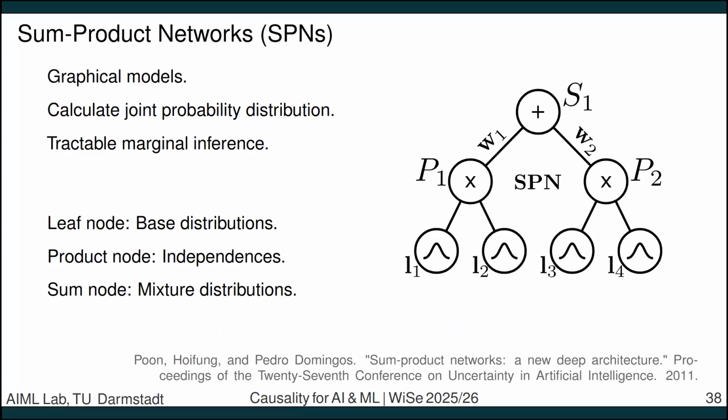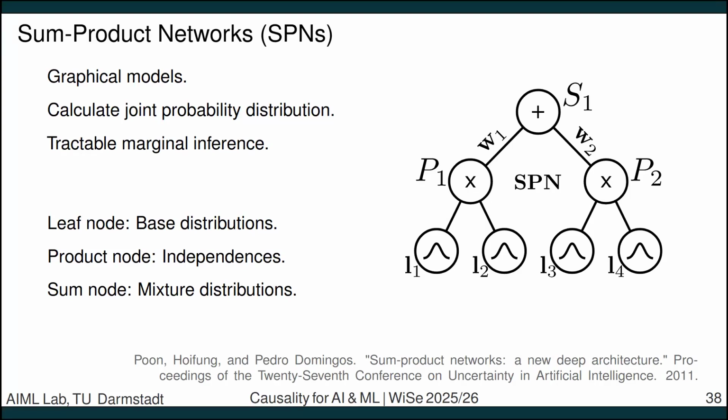So as I hinted a bit before, sum-product networks are graphical models with a particular structure. In the standard case where we observe all of the variables, they calculate the joint probability distribution, but they have this additional property that they can perform marginal inference in tractable time, which basically means that the runtime does not explode when some of those variables are not observed.